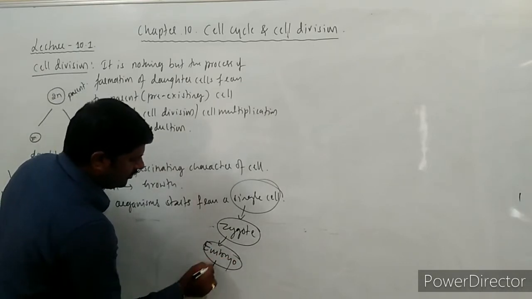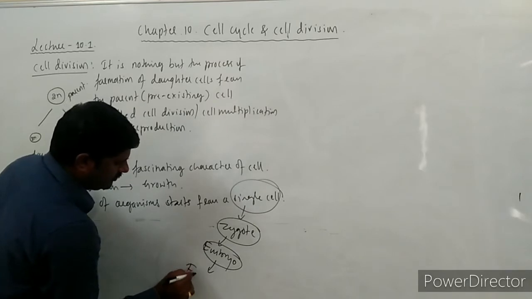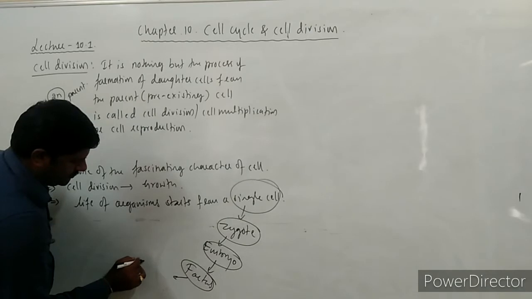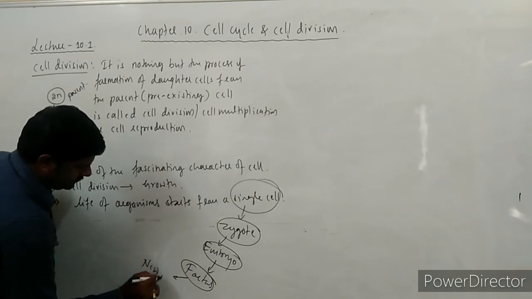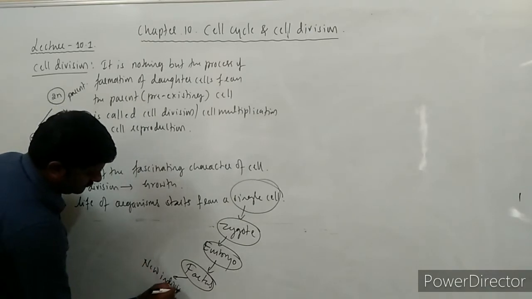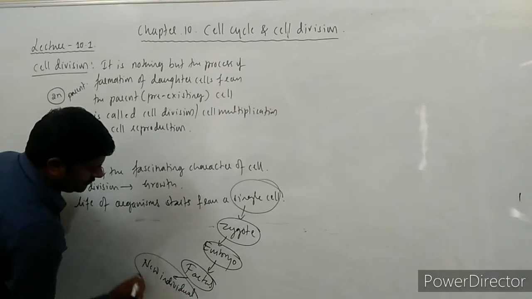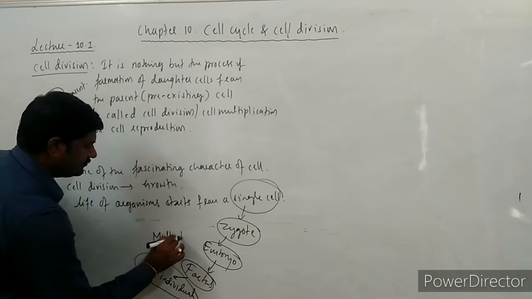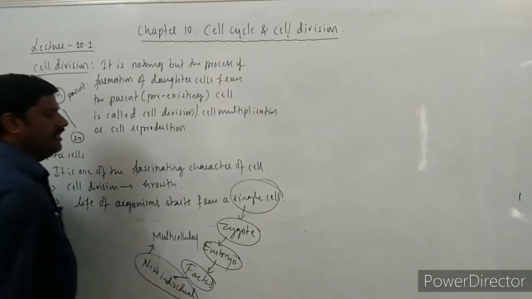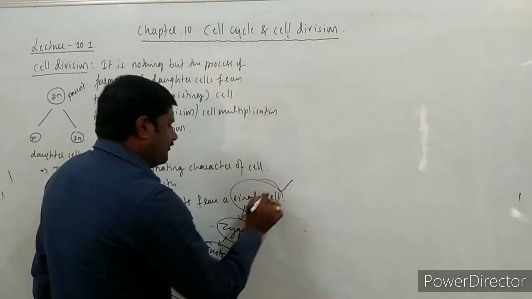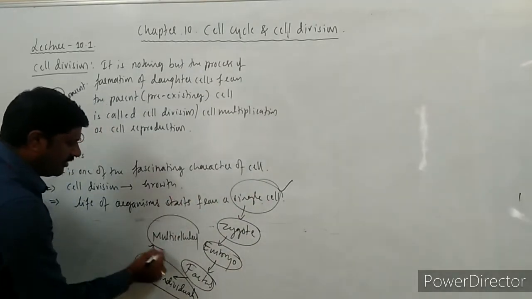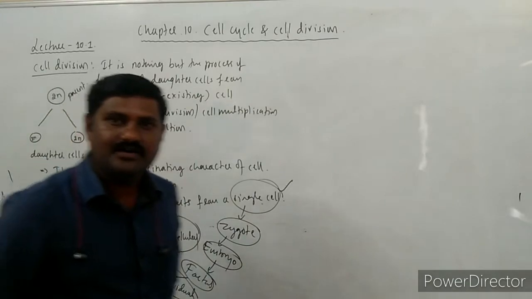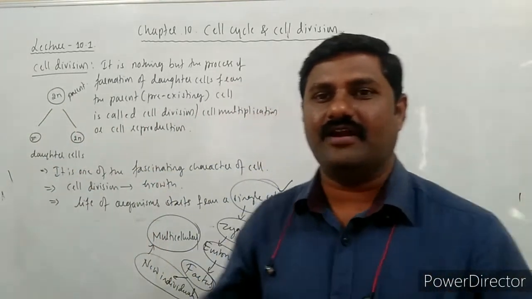Embryo. Embryo grows into what? Fetus. Fetus grows into what? A new individual. And this new individual is multicellular in nature, and this is a single cell. From the single cell, multicellular organisms have been made. This is the fact you must be aware of.